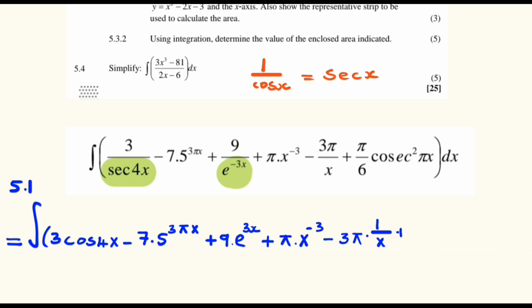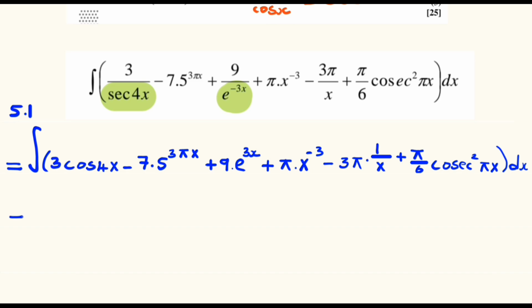plus pi divided by 6 multiplied by the cosec squared pi x dx. Now we can integrate, and this will be equal to 3 multiplied by the integral of cos 4x, which is equal to the sine of 4x.